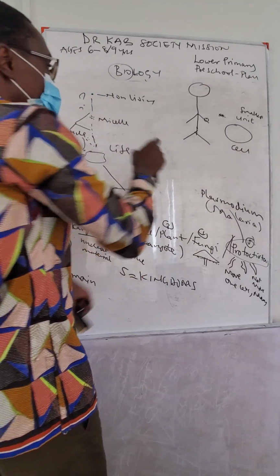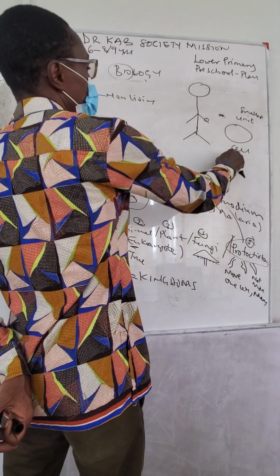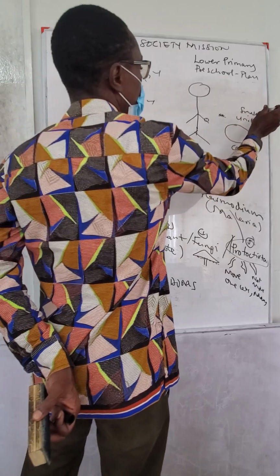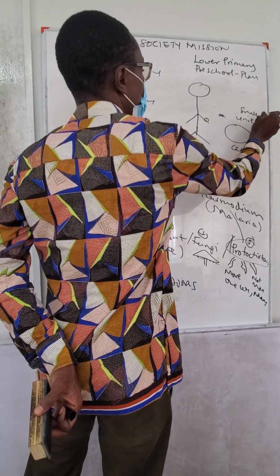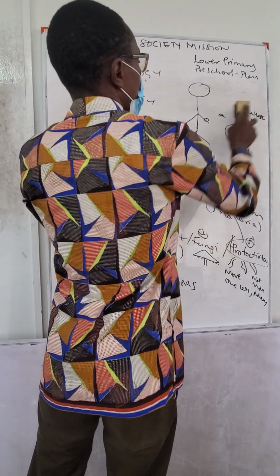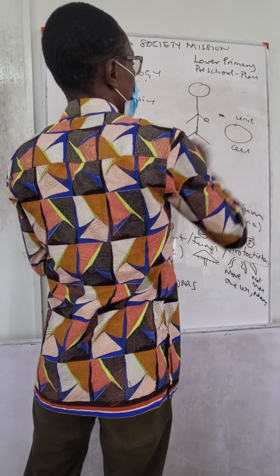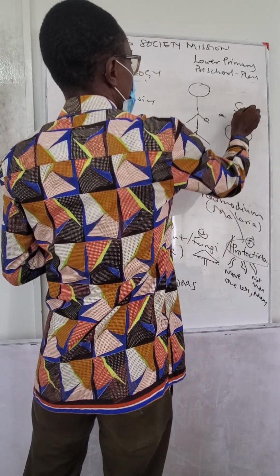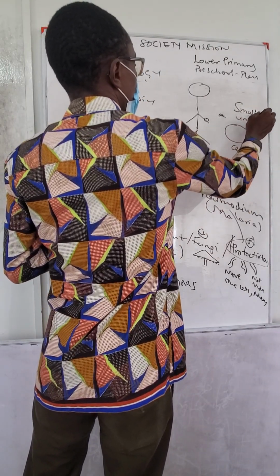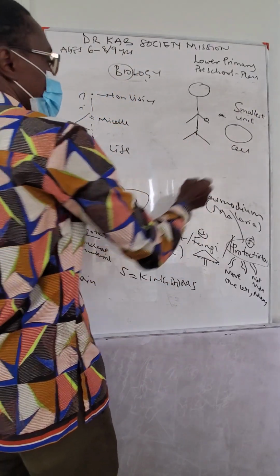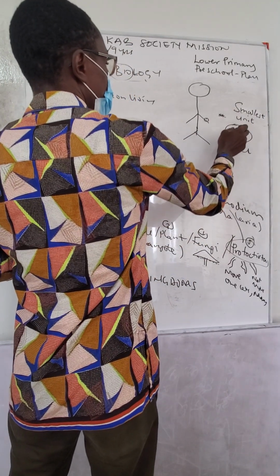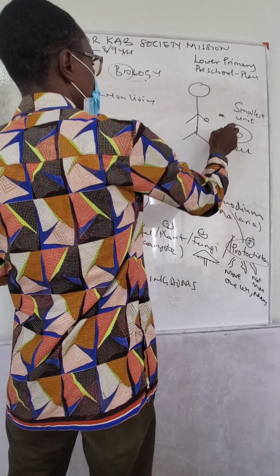If you look at our skin, we get the smallest unit. Then it has something in it. So this is the cell membrane.